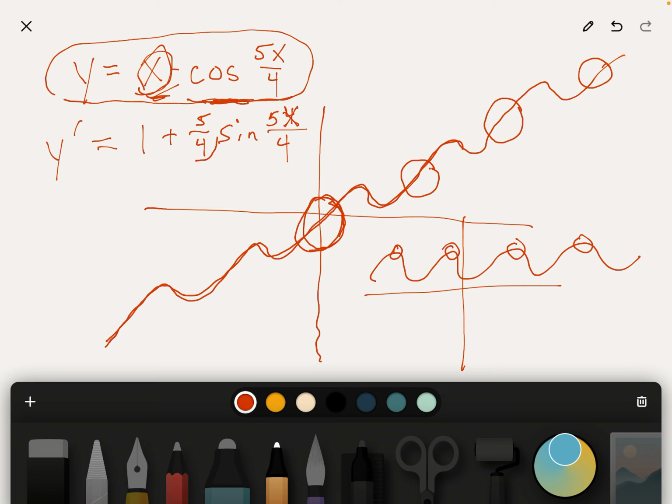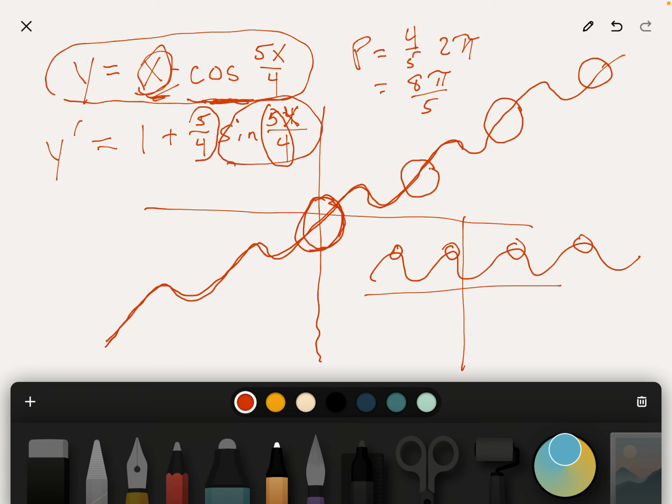And so this is the amplitude. We talked about that. This is the frequency. The period is 1 over the frequency, or 4/5 times 2 pi equals 8 pi over 5.